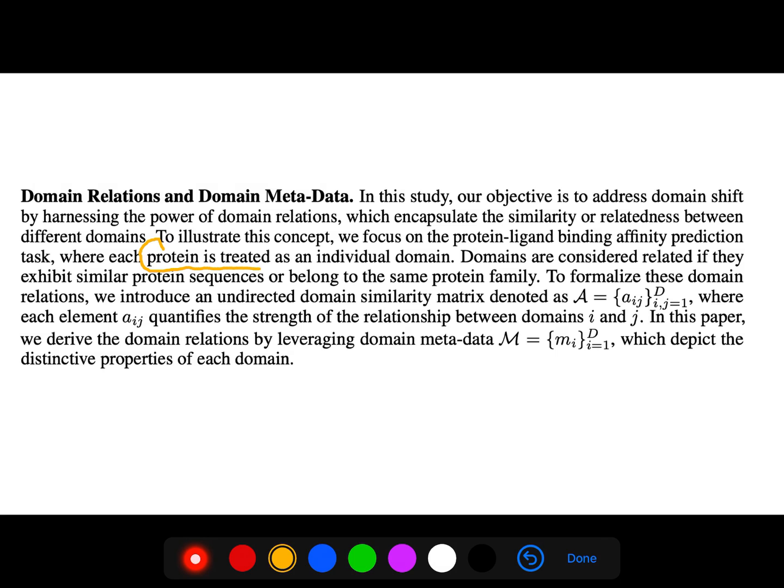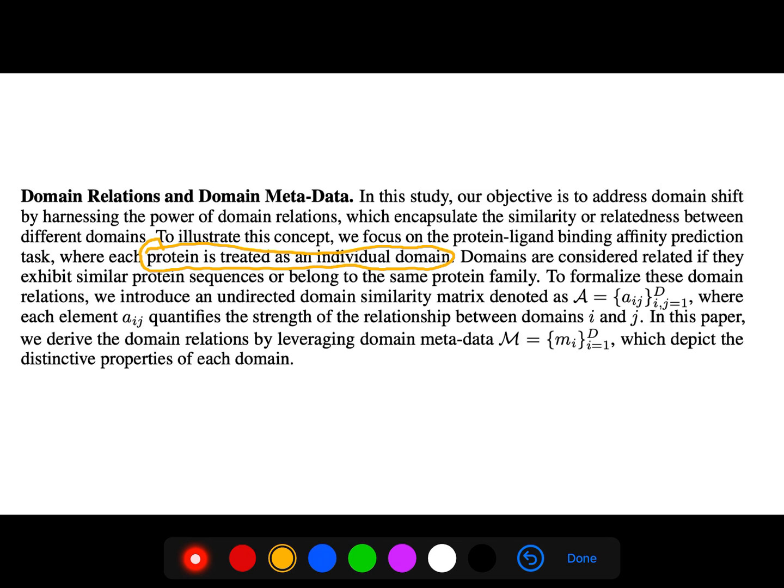Each protein is treated as an individual domain. Domains are considered related if they exhibit similar protein sequences or belong to the same protein family. To formalize these domain relations, we introduce an undirected domain similarity matrix, where each element quantifies the strength of the relationship between domain i and j.